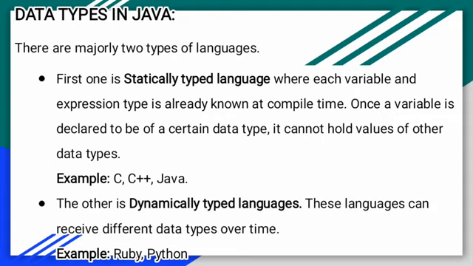Once a variable is declared to be a certain data type, it cannot hold values of other types. Example, C++, Java. The other is dynamically typed languages. These languages can receive different data types over time. Example, Ruby and Python. These are majorly known languages which we deal with in our daily life.